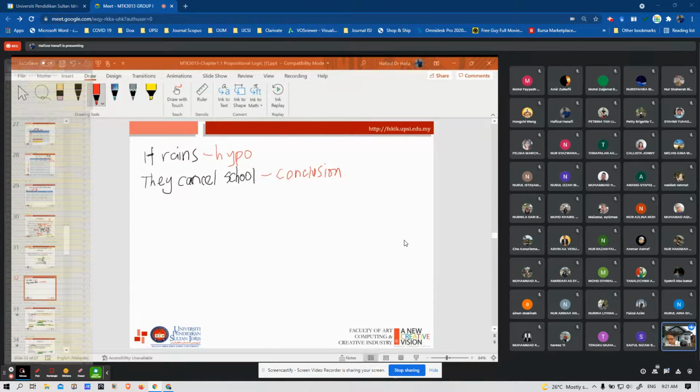Okay, and then to form the converse, we have type 1. Type 1 is the converse. Interchange the hypothesis and the conclusion.